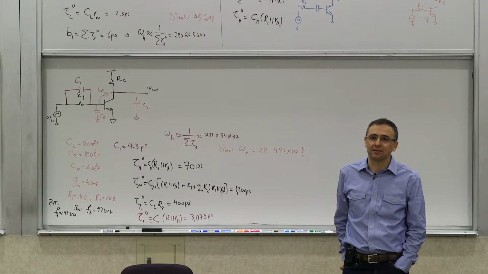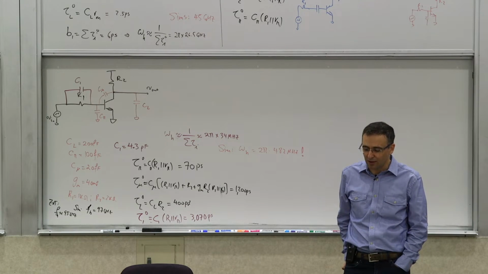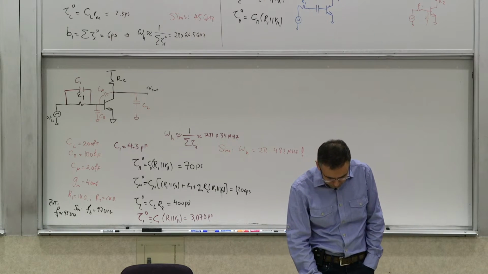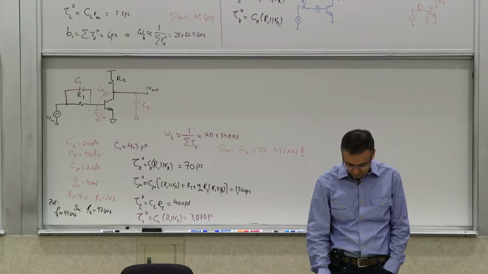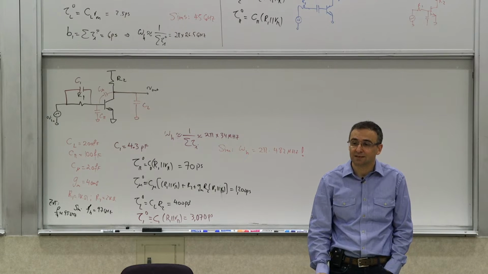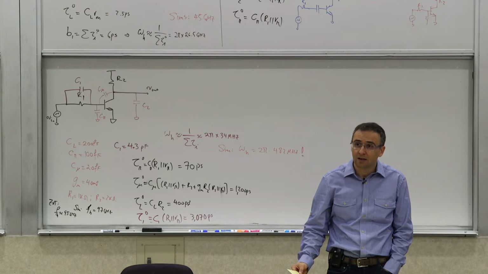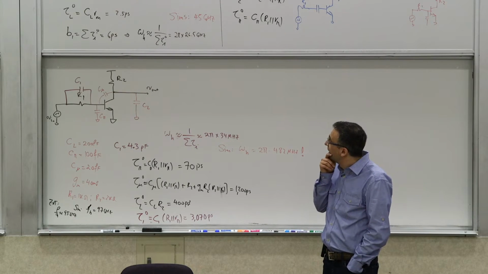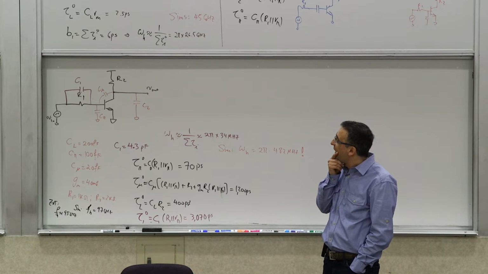So what has happened? What do you think? Do you have a hypothesis about what's going on? Yes? As the frequency increases, C1 starts getting shorted, so the resistive divider between R1 and R pi starts going away.